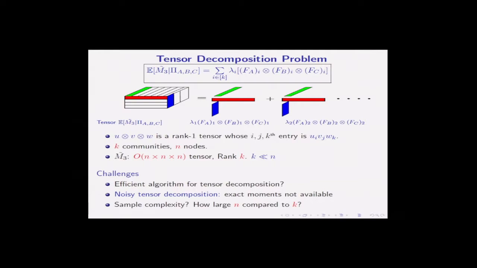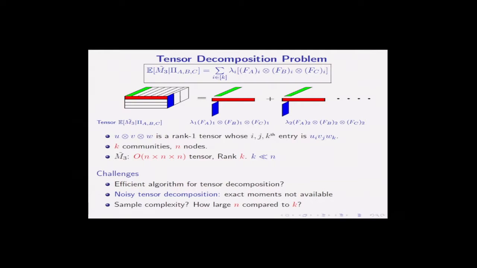This is a big constraint. What I have is a tensor of size about n cubed, where n is the size of the network. So there are that many observations, but the constraint of this being rank k means there are only very few free parameters.